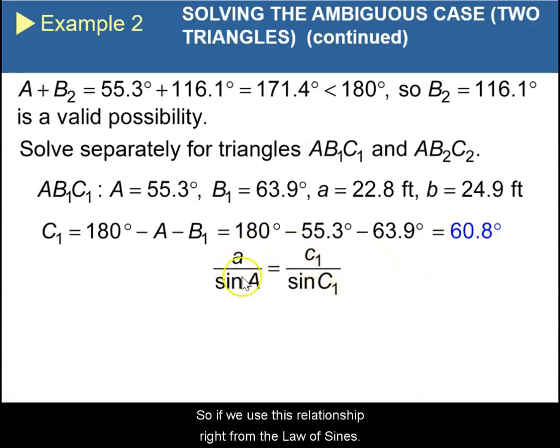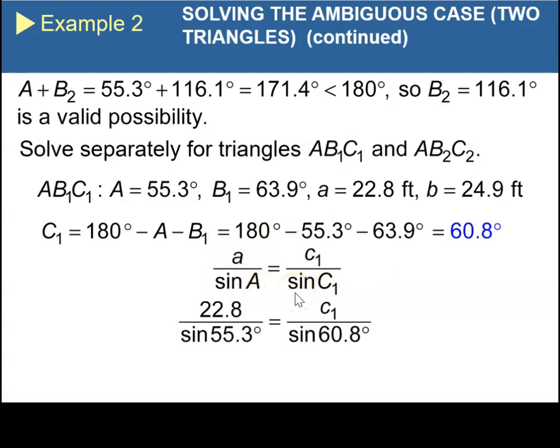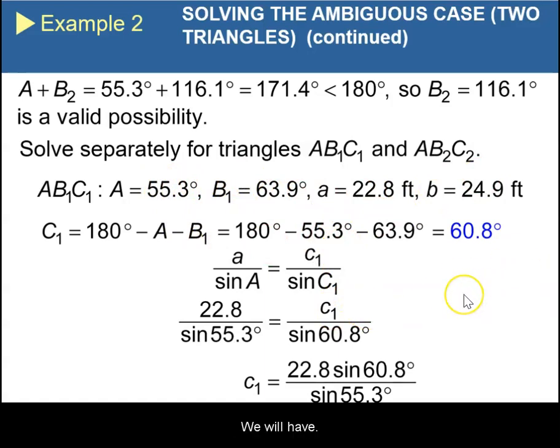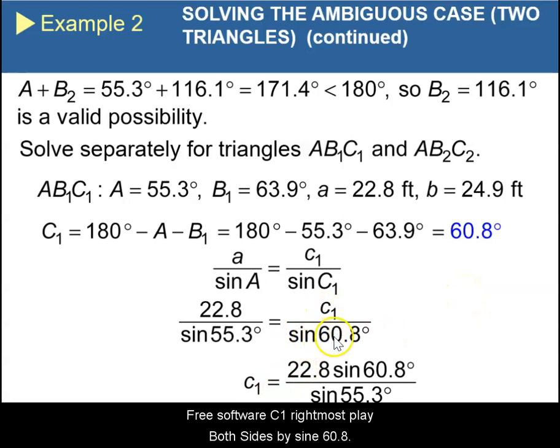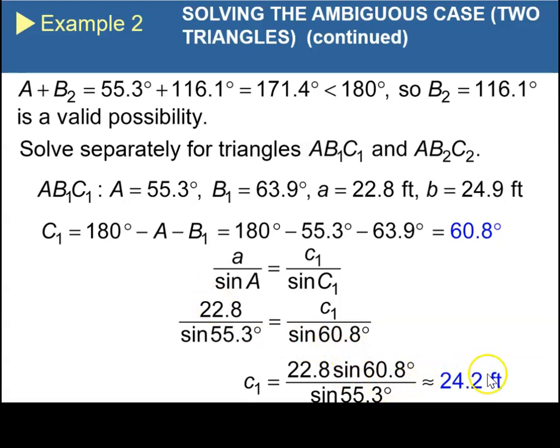So if we use this relationship from the law of sines, we have these relationships because c1 in that case would be the only value that we don't know, okay? We will have, if we solve for c1, multiply both sides by its sine, 60.8, I'm going to have 24.2 feet, okay?